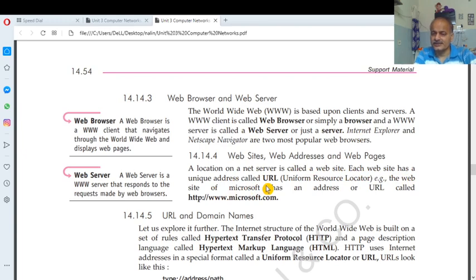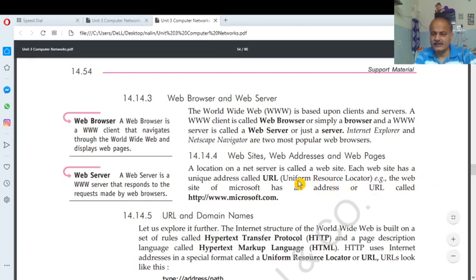The address of any website is called the URL, that is, the Uniform Resource Locator. The website of Microsoft has an address or URL called www.microsoft.com. So you see that this is called the URL.